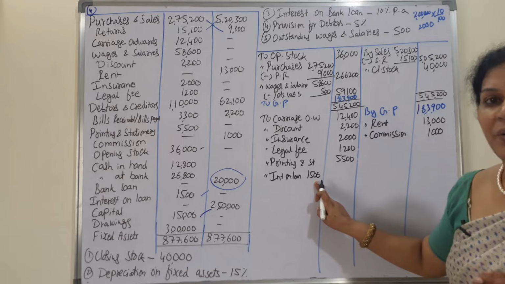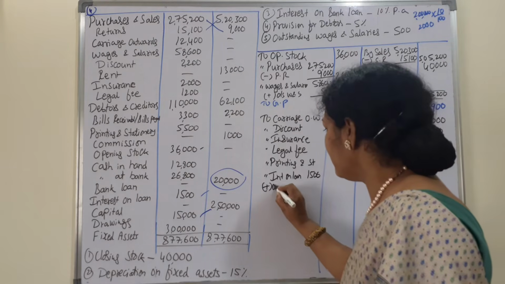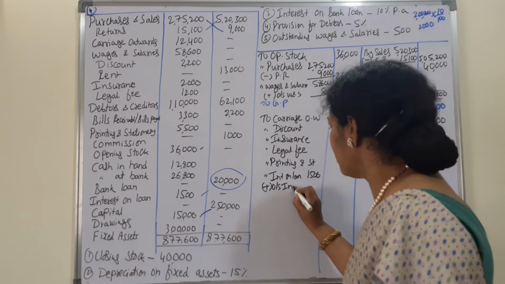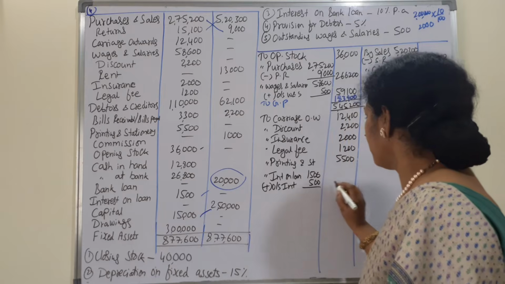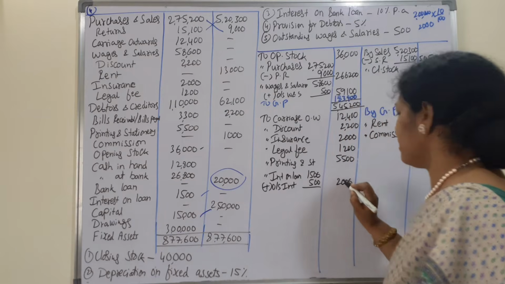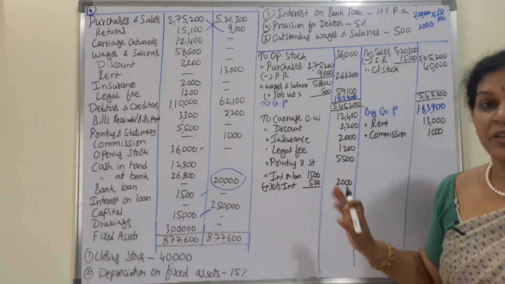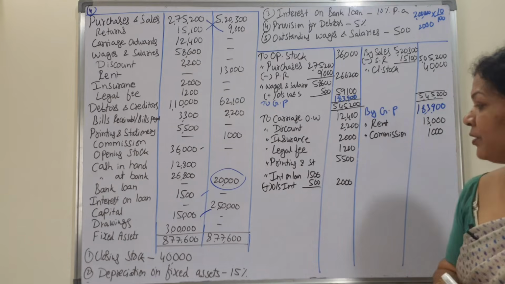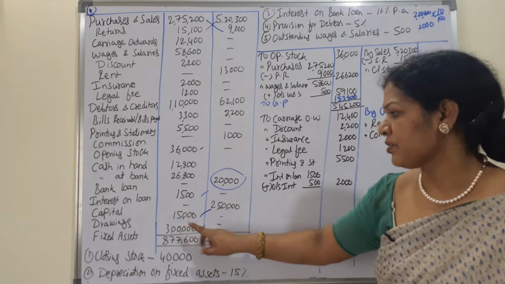Still payable 500; that we will write. Add outstanding interest, total 2,000. Are you getting it? So already paid, now payable is 500. Next, interest and drawings, that's all over.